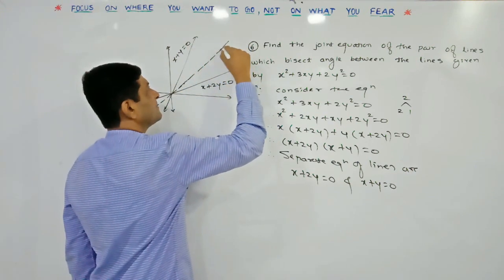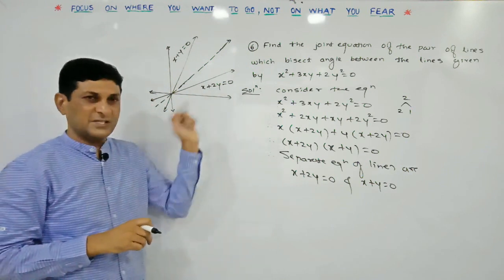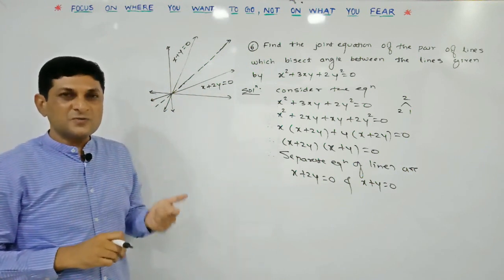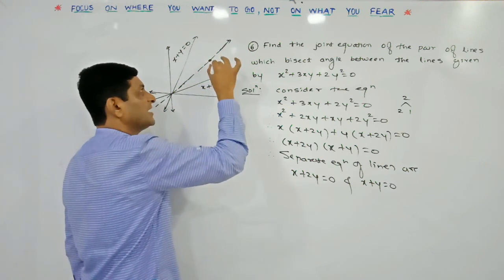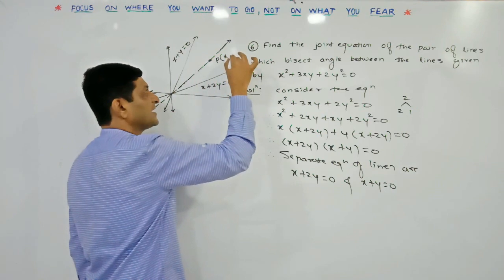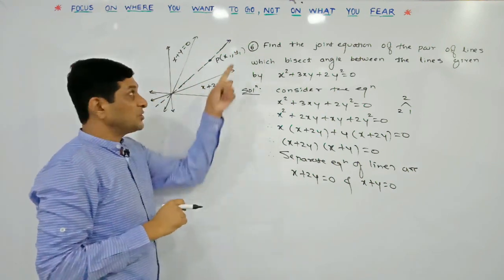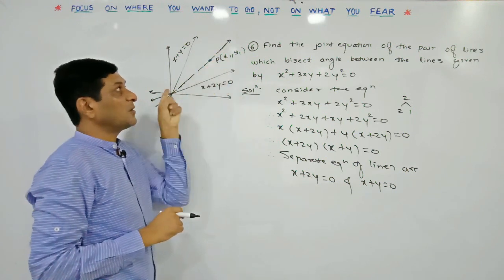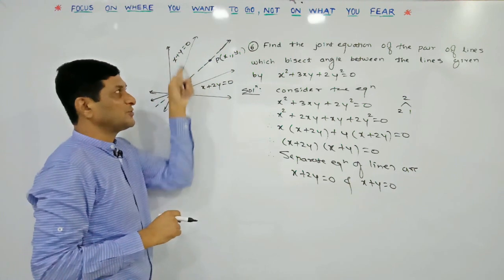Let this be the bisector of the angle between the lines. Since we have to find the joint equation, we consider one point on this angle bisector. Let us denote this point by P, with coordinates x1 and y1, which lies on the bisector of the angle between these two lines.